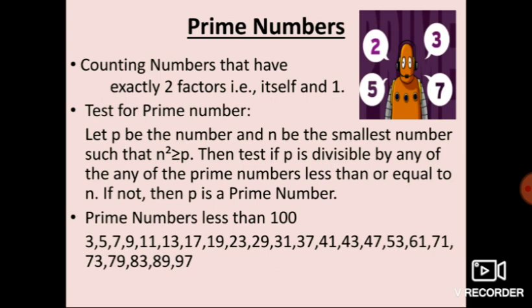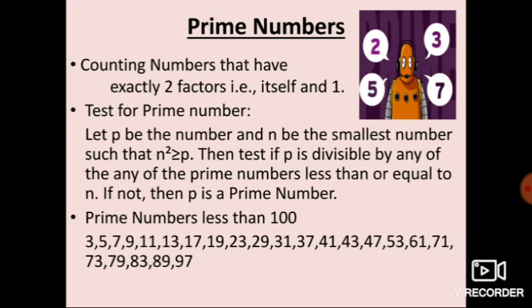We consider p as the number given in the question, asking whether it is prime or not. Then we consider a number n, the smallest number such that n squared is greater than or equal to p.